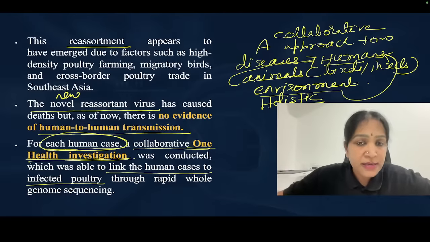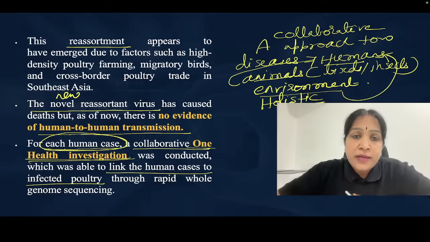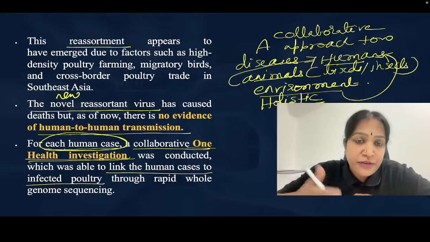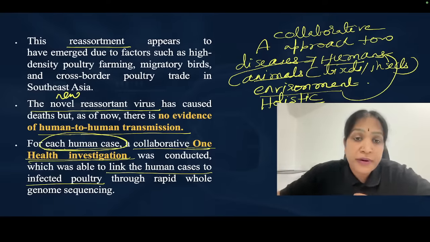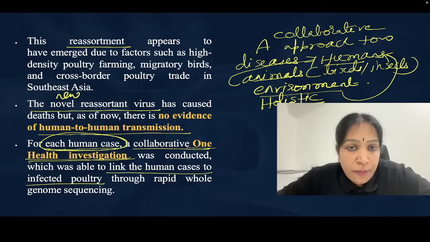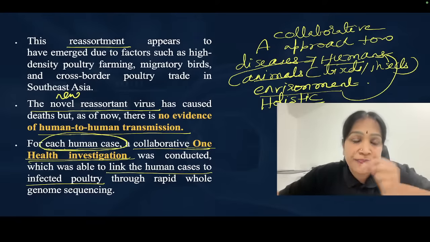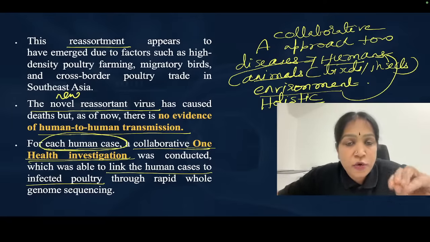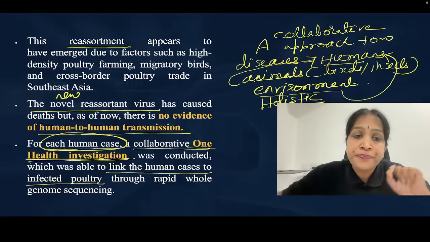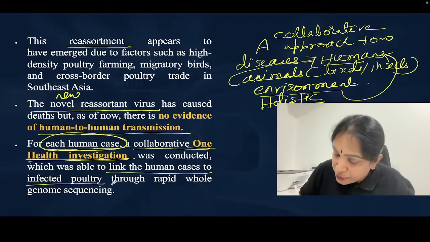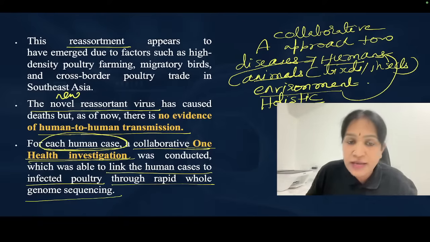Answer please. The DNA is matching means the human being got this infection from another human being or from the bird. How did we know? Because the H5N1 DNA sequence in the humans is matching with that of the birds, through rapid whole genome sequencing.